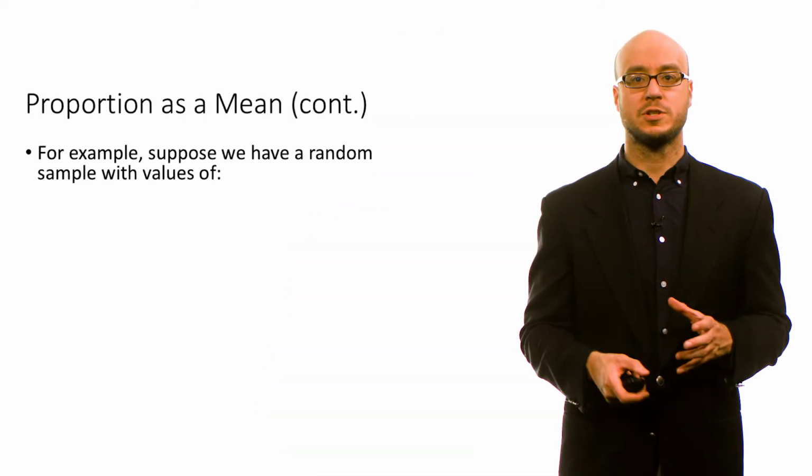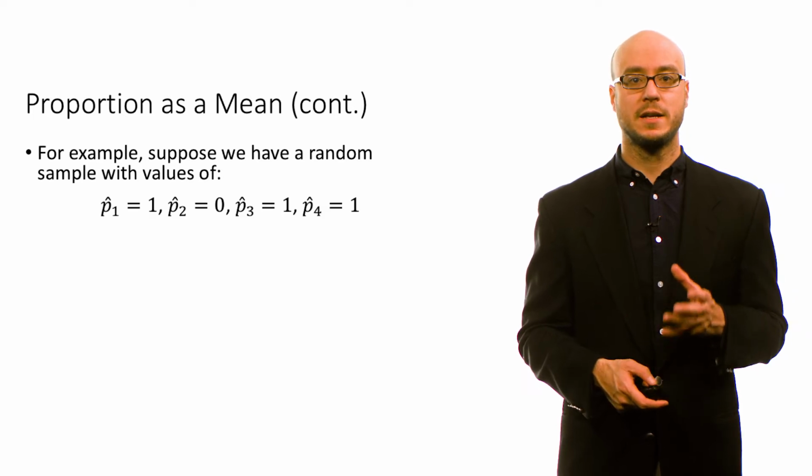But in real life, a success could be something that is bad, maybe getting sick. You might code that as 1, but when you hear people talk about successes and failures in the context of coding a binary categorical variable as 1s and 0s, keep in mind that 1 is referred to as a success and 0 is referred to as a failure. Now, we can think of the proportion as a mean.